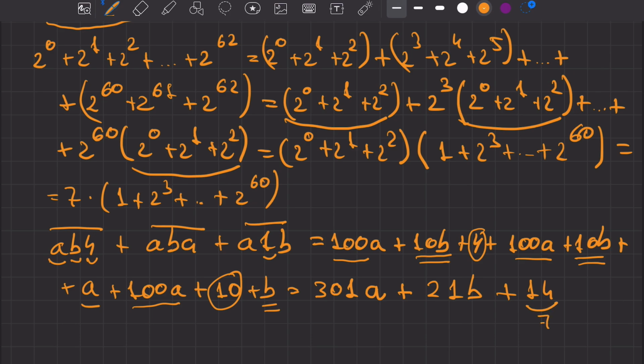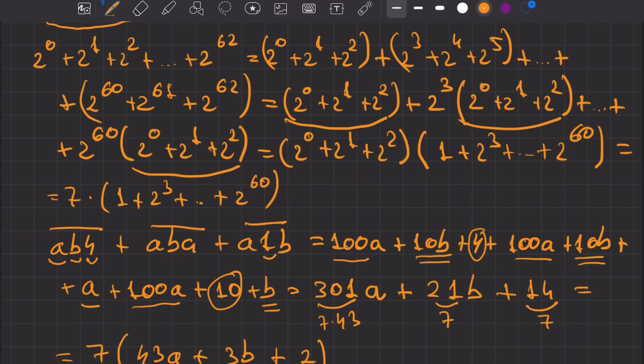This is a multiple of 7. This is another multiple of 7, and 301, if you calculate, you'll see this one is 7 multiplied by 43. So we get that this number is equal to 7 times 43A plus 3B, 7 times 3 is 21, plus 7 times 2 is 14.